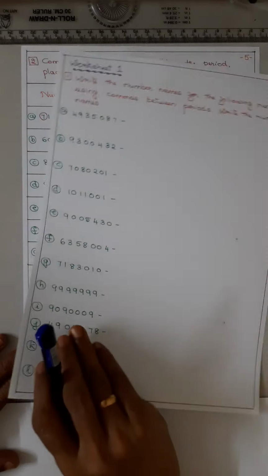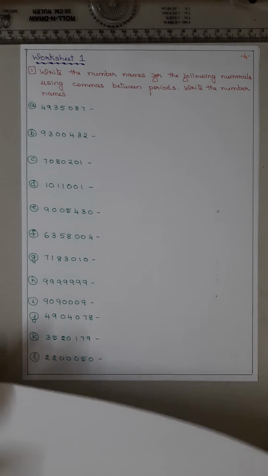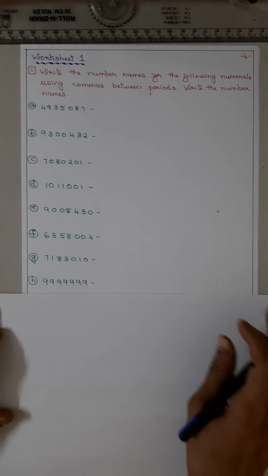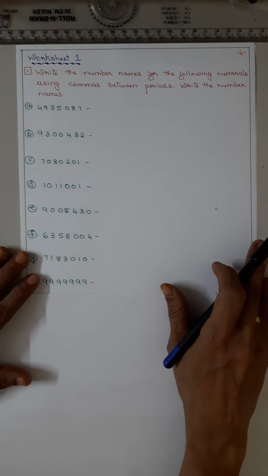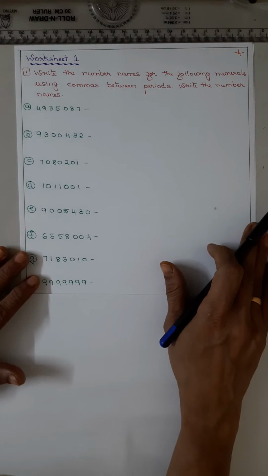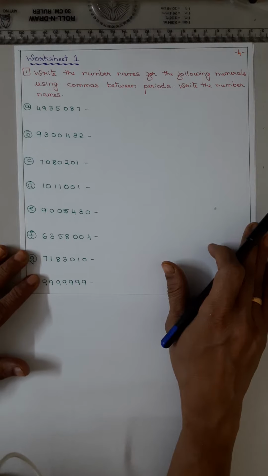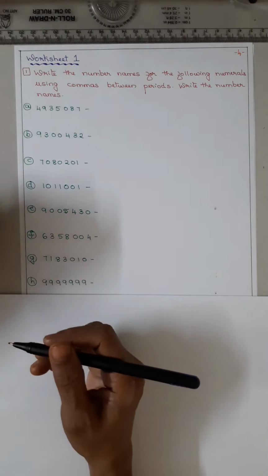Now coming to worksheet 1. Write the number names of the following numerals using the commas between the periods. Read them aloud.